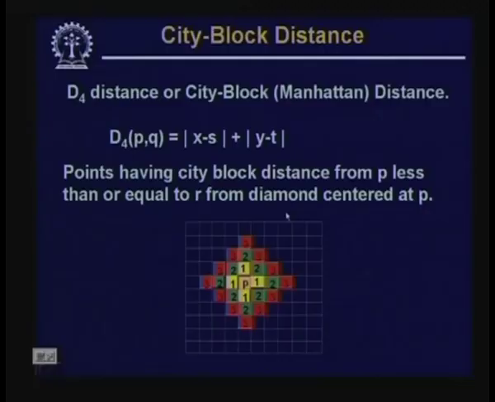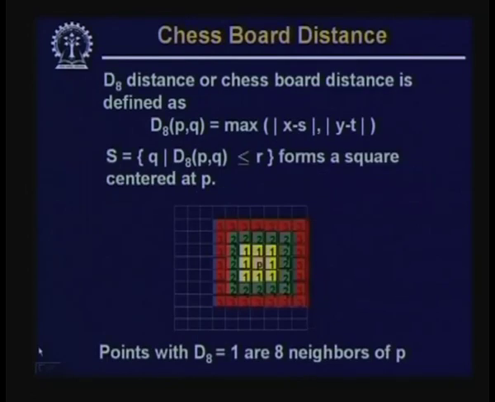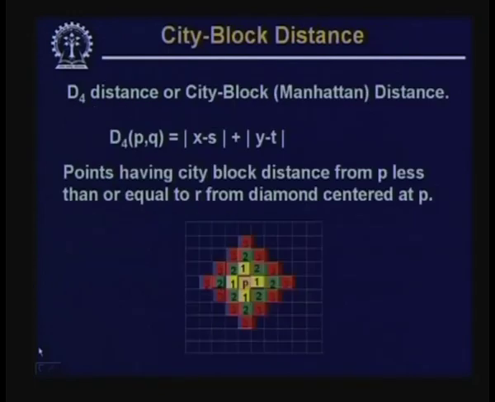And here you find that the points having a city block distance from point P less than or equal to some value r will form a diamond centered at point P. Which is quite obvious from here.